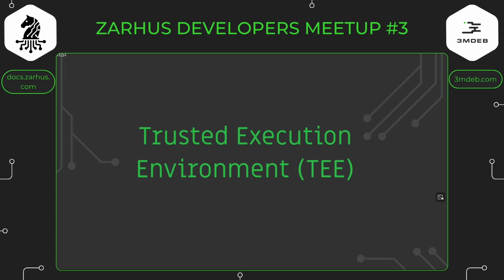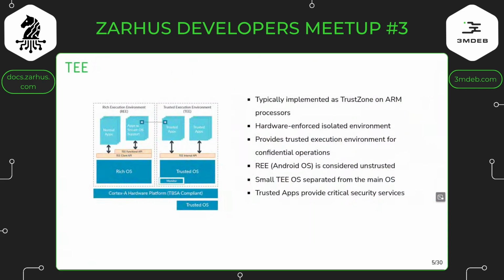So let's start with the trusted execution environment, which is TEE. Okay, so let's start with a few words about it. It is a dedicated trusted execution environment, which is separate from the main operating system.